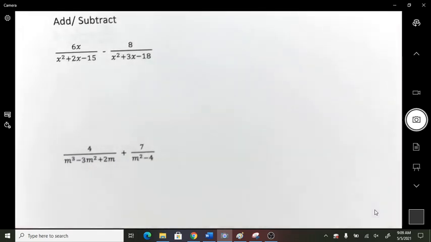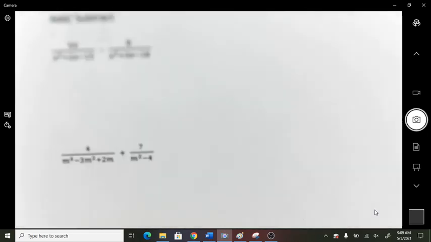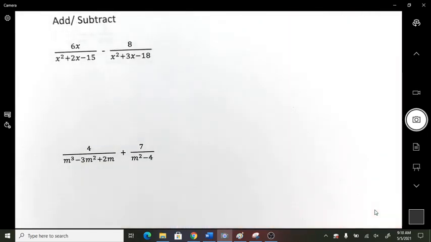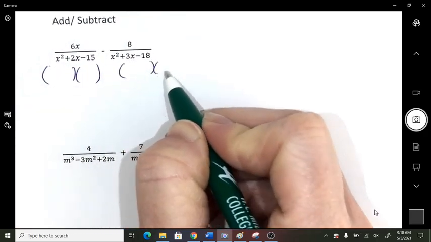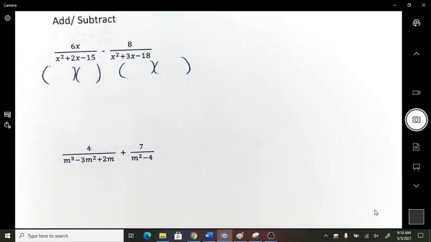Adding, subtracting. So, big idea, common denominator. Before I do that, I'm going to factor everything out that I can. So factor, factor, factor everything that you can now. See what you can come up with?